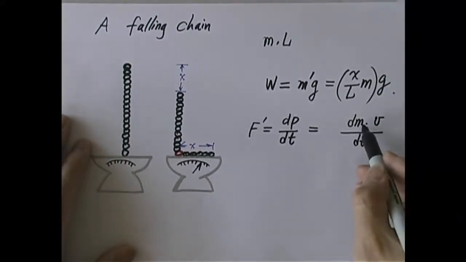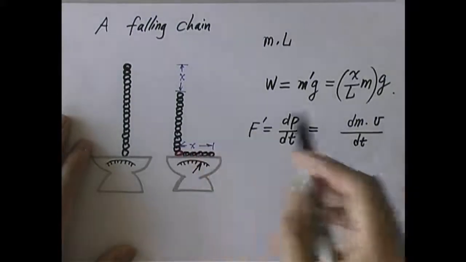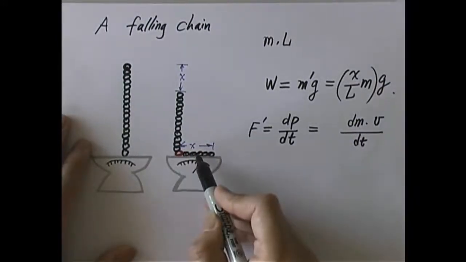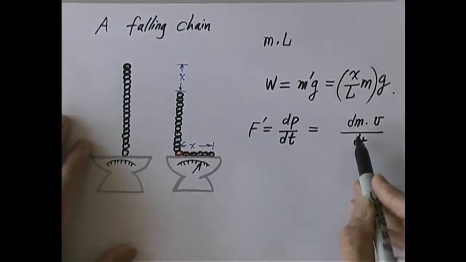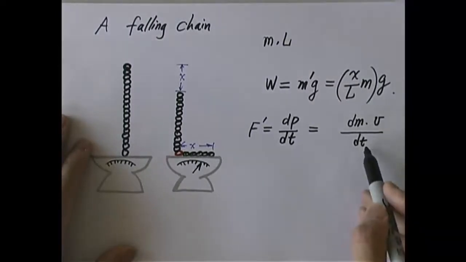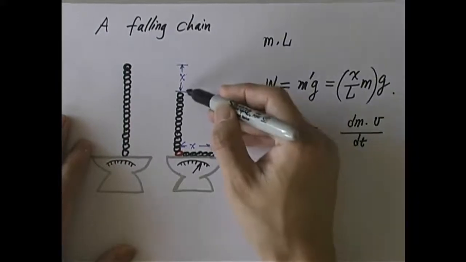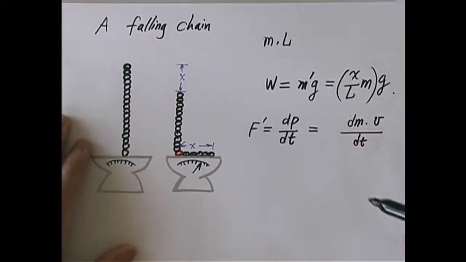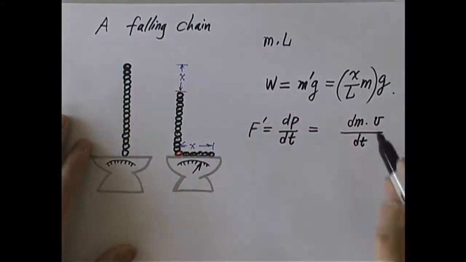What's dm? dm is the amount of mass of the chain that falls onto the scale over a time dt. Over a time dt, how far has the chain fallen? It falls a distance dx, so dm is really just the mass of the chain whose length is dx.